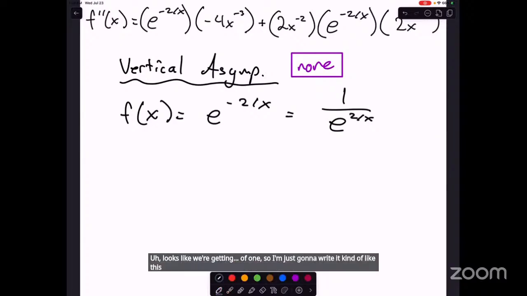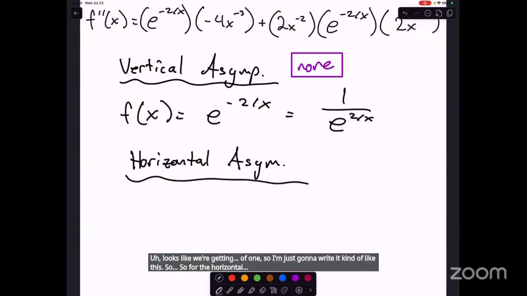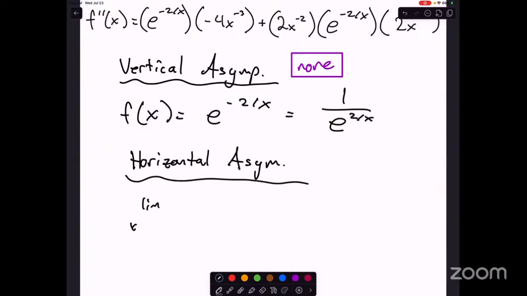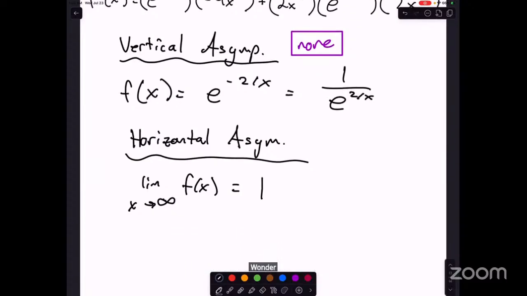So for the horizontal asymptote, the limit as x goes to positive infinity of this function looks like it approaches 1, because that goes to 0. E to the 0 is a 1, and 1 divided by 1 is 1, okay?